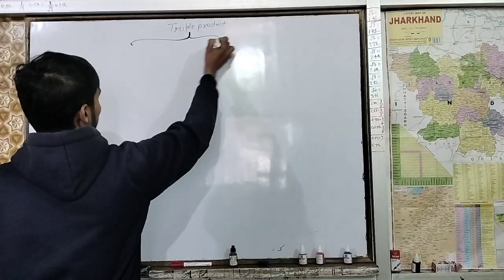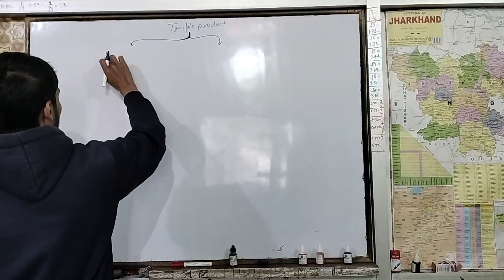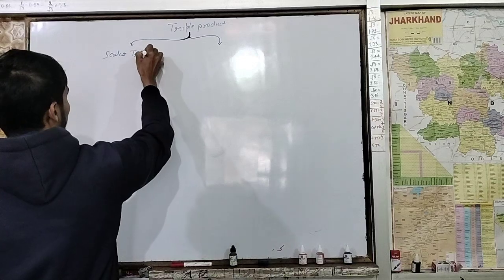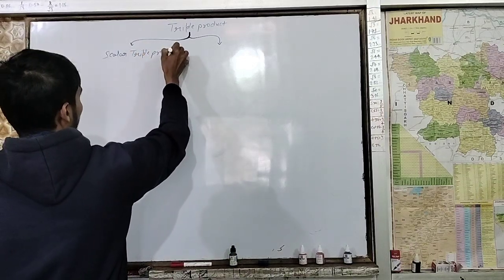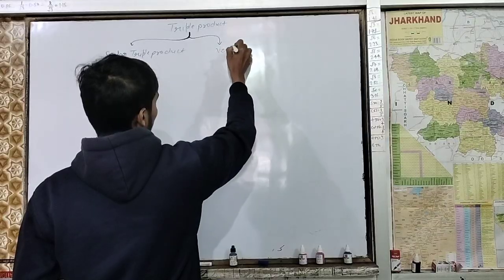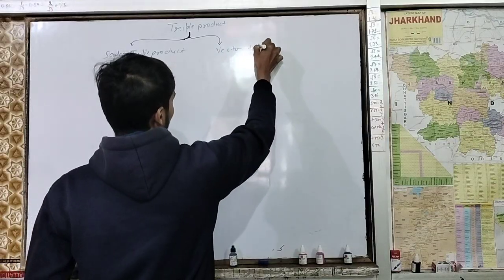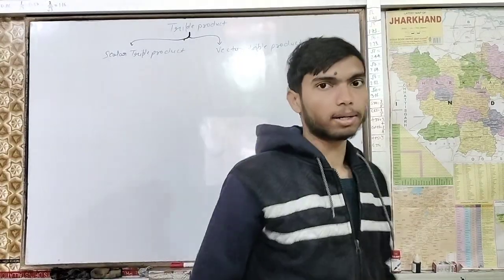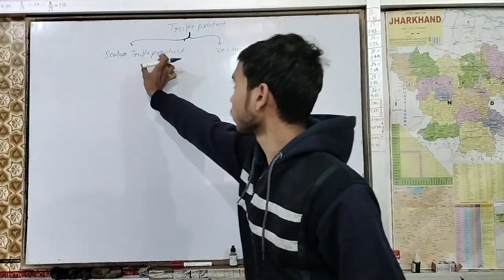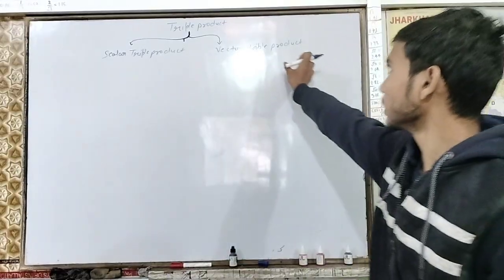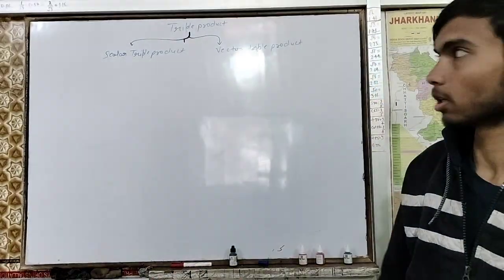So first is a scalar triple product, and second we have vector triple product. You can call it a dot triple product and a cross triple product.